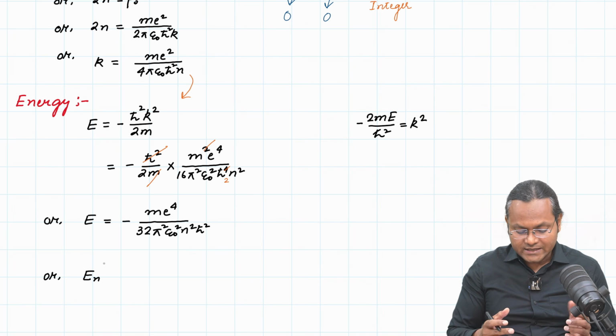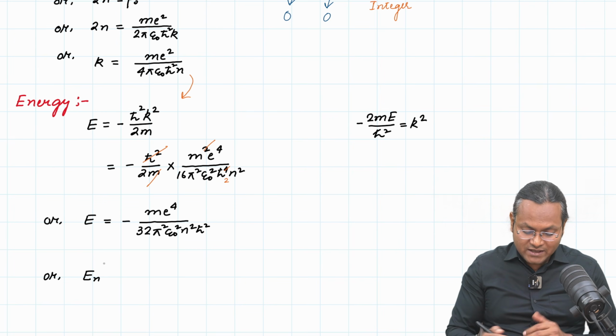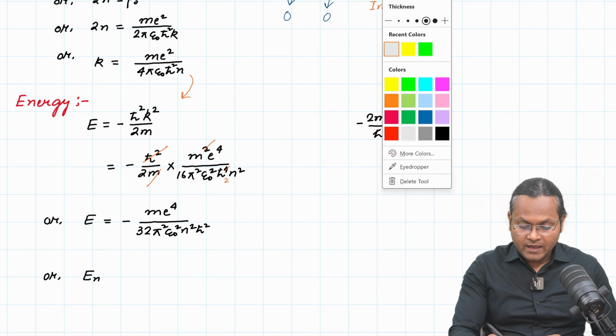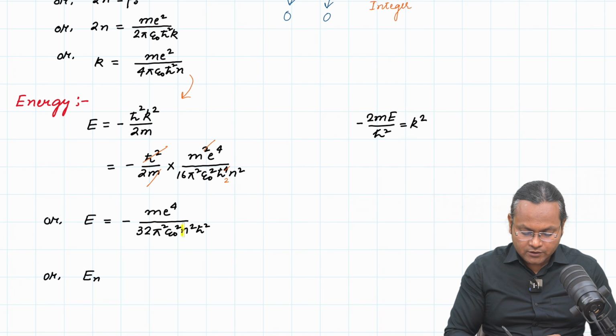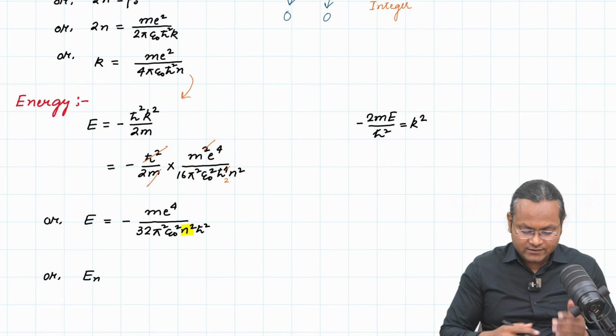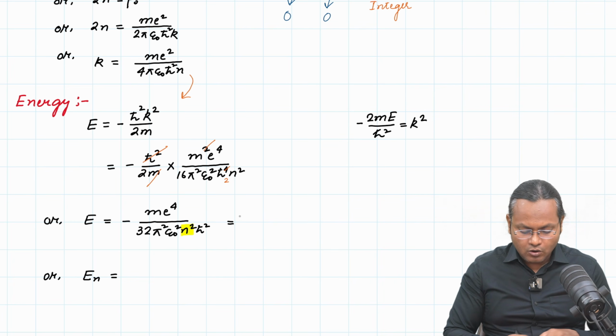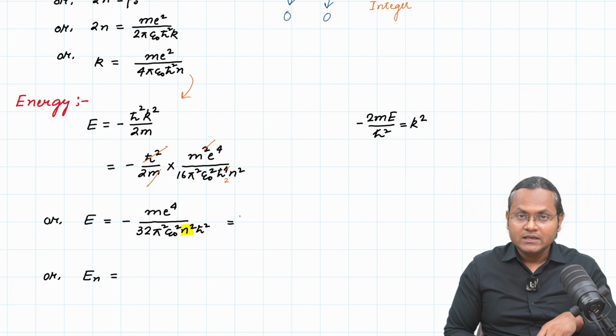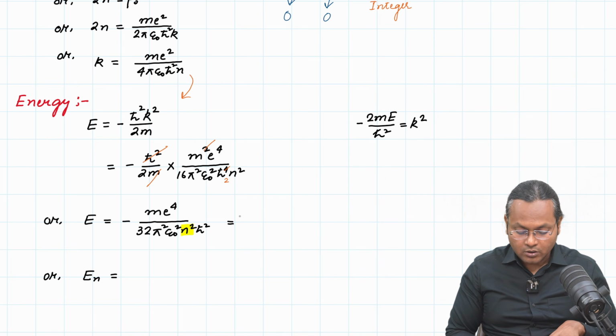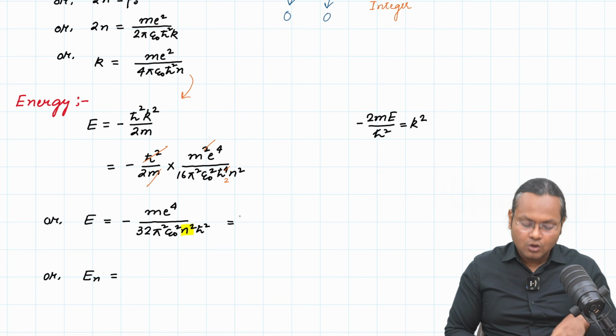I'm going to mention it as En because it depends on n, right? And n being an integer will highly affect the values that we actually end up getting. If you look at the values of all the other variables, m is the mass of the electron, e is the electronic charge, pi is pi, epsilon naught is permittivity of free space, h cross square is Planck constant upon 2 pi. These are all constants.